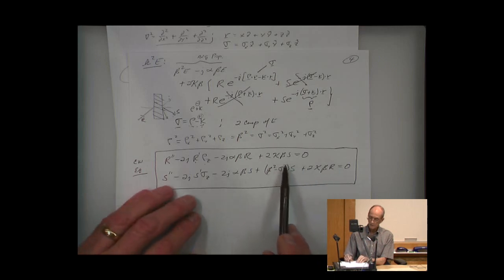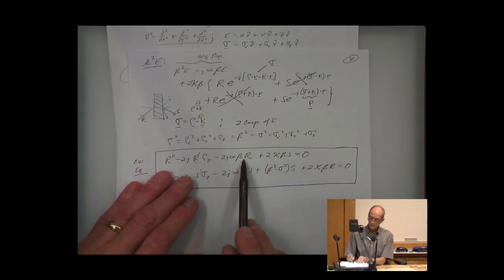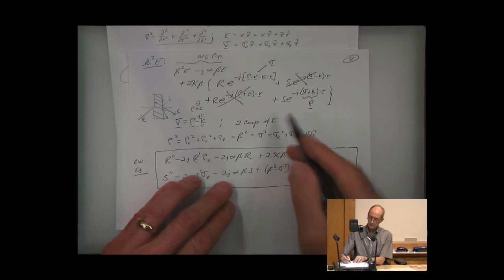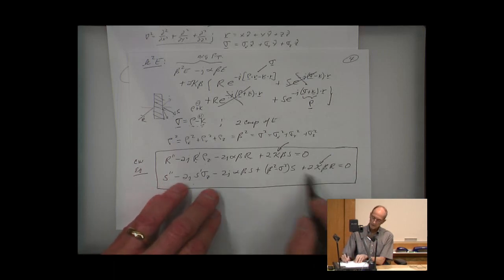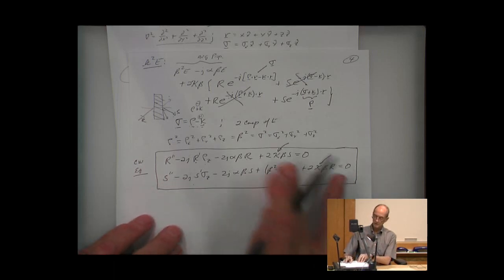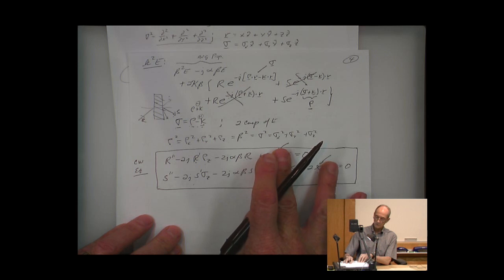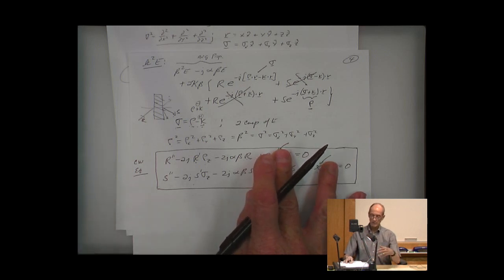R is coupled to S through the coupling coefficient, which appears in both equations, and S is coupled to R through that same coupling coefficient. If our coupling coefficient were 0, we would just have normal wave propagation.